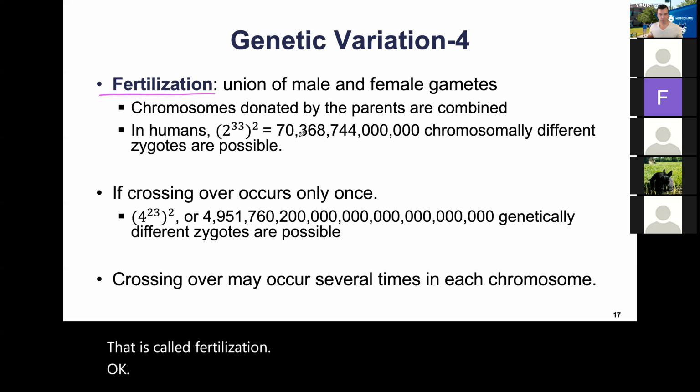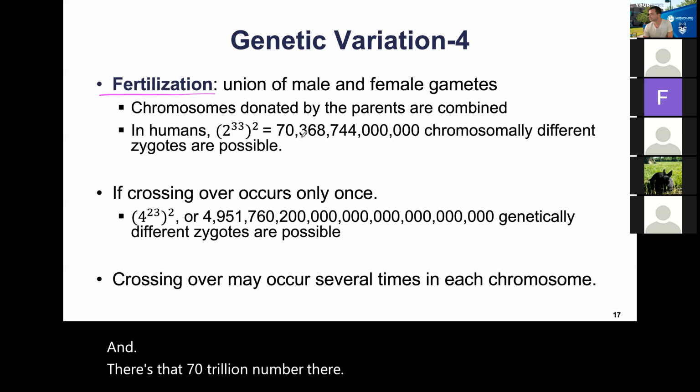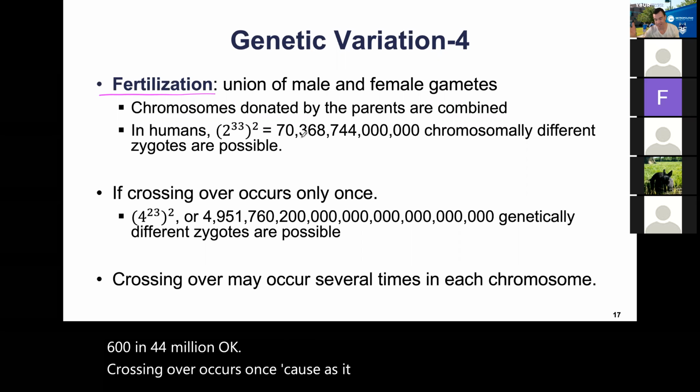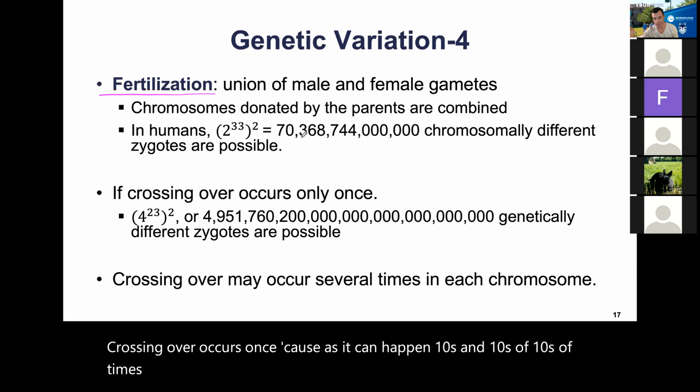Okay. And there's that 70 trillion number there. 70 trillion, 368 billion, 644 million. Okay. If crossing over occurs once, because it can happen tens and tens and tens of times on a chromosome.